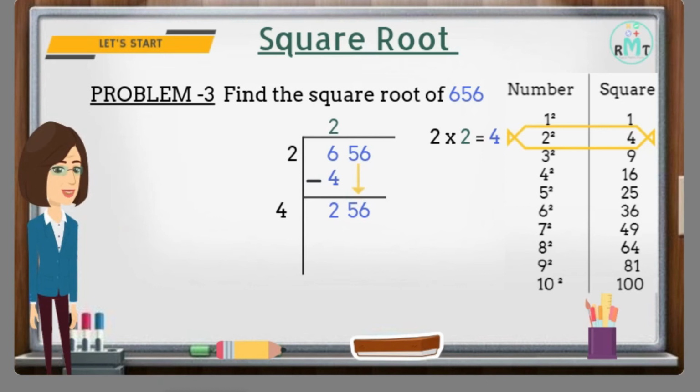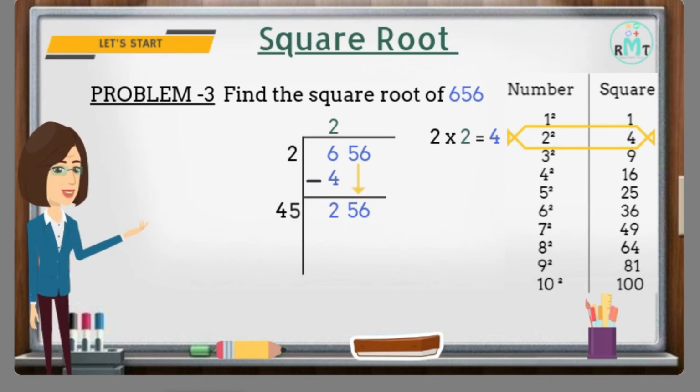Now, the new dividend is 256 and the new divisor is 4. Now, we will compare 4 with 25. As we know, 4 multiplied by 5 equals 20. So we will write the number 5 next to 4.